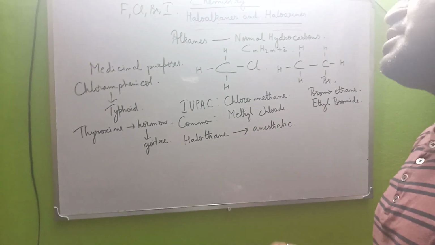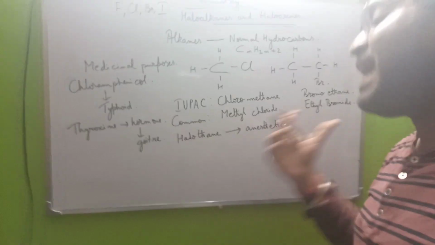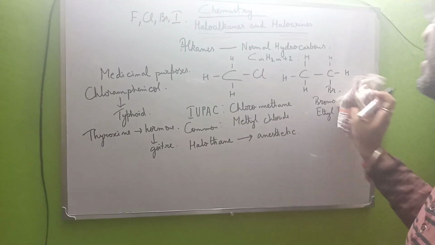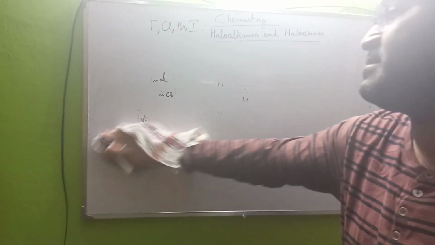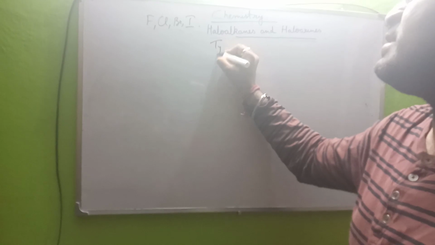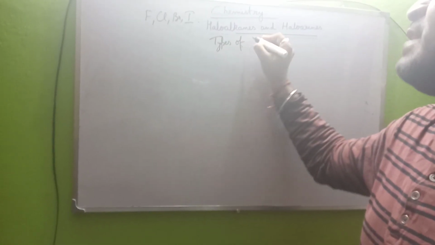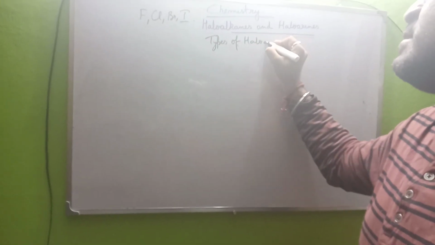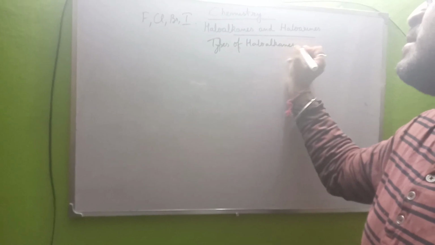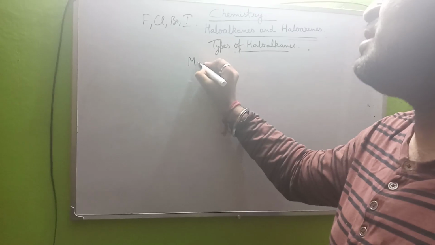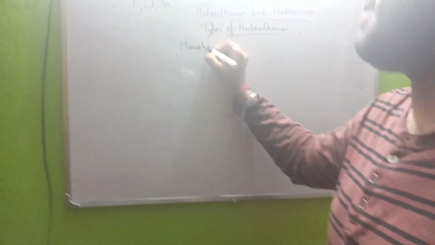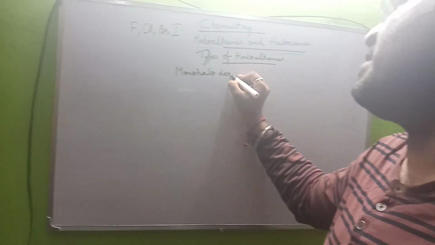Now we will approach the part that is types of haloalkanes. Types of haloalkanes on the basis of number of halogens as derivatives.